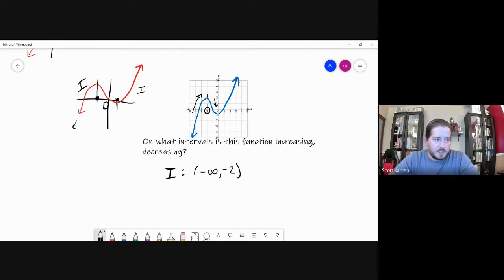And then it decreases between -2, and it looks like I tried to make it 0, so to 0. But then it increases again, right? And so on my increase, I'm just going to union this with also between 0 and infinity.